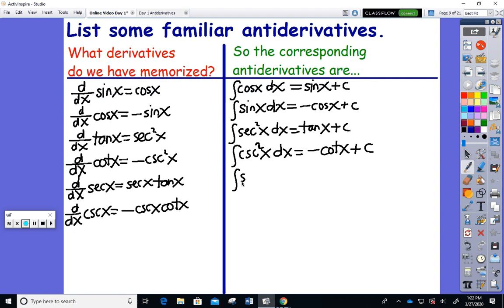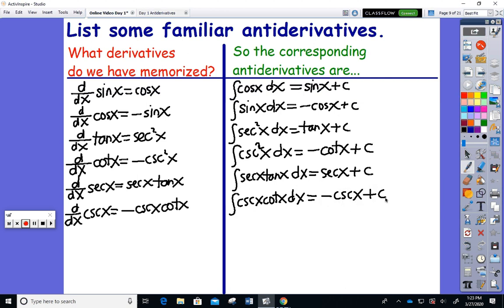So if you have the antiderivative of secant tangent, then I'm going to say that the answer is secant x. And if you want the antiderivative of cosecant cotangent, then you're going to get negative cosecant x.